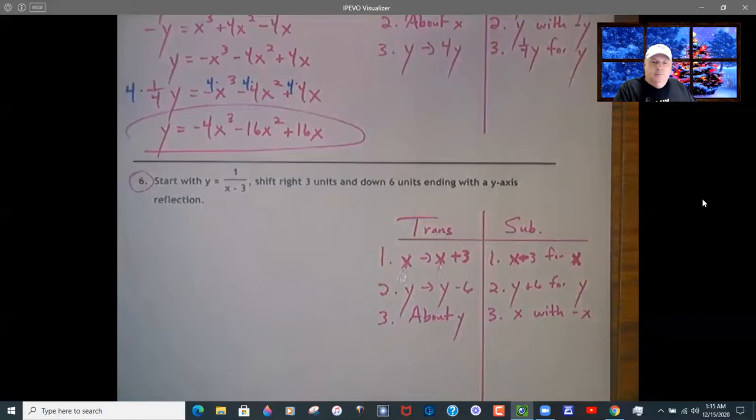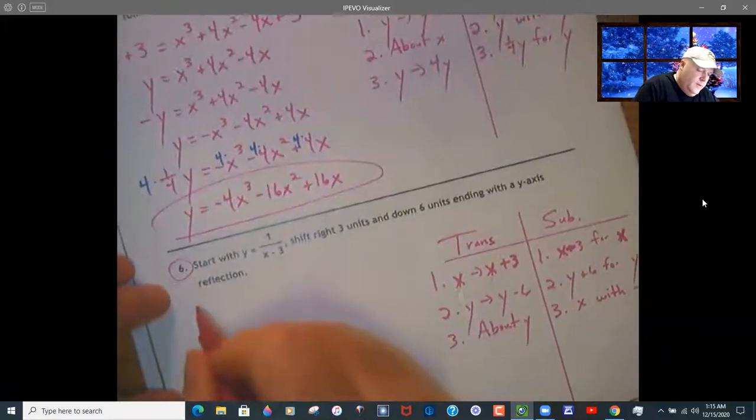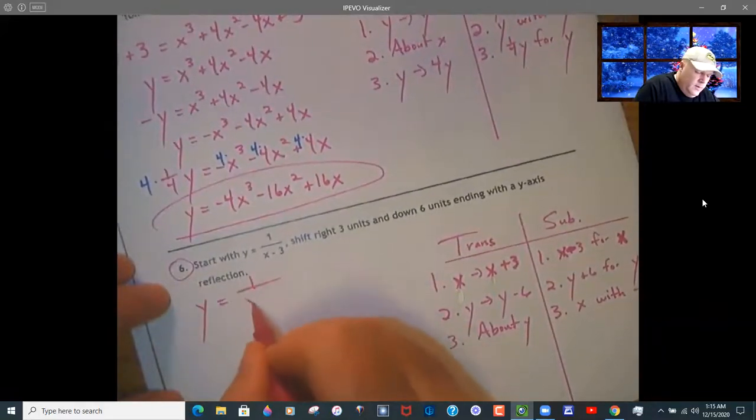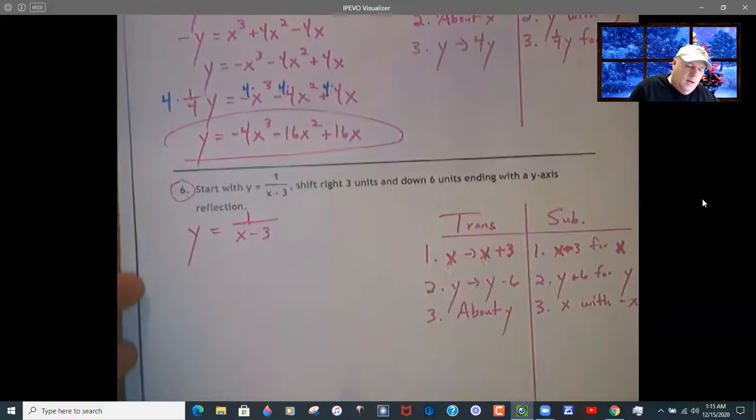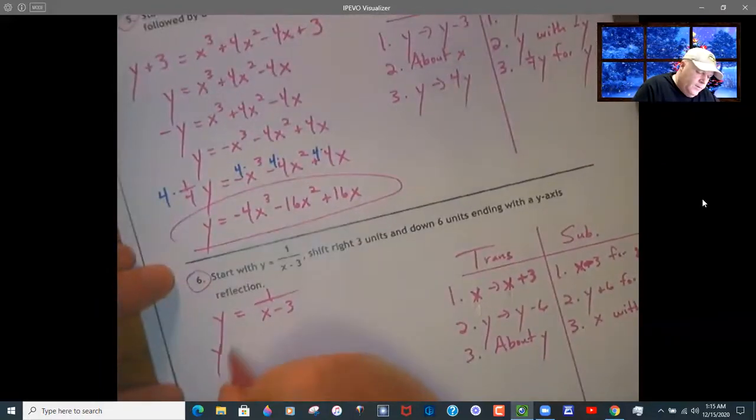Okay. I think I got it all right. Down 6 units, y plus 6, 3 units to the right. Just had the words a little bit in different order, and I read too quickly there. All right, so x minus 3 goes in for x. So what does that look like?